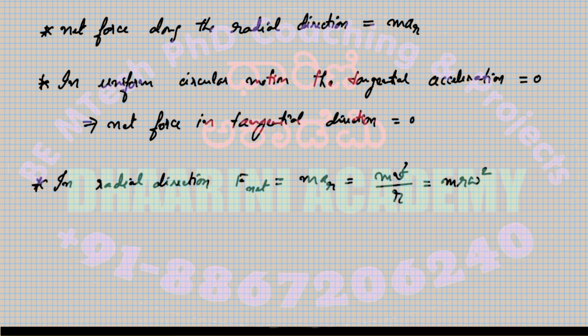All these equations we are very well versed with. Using the same thing, we have also written another form of the equation which can be used to solve problems, that is to find a_r. The radial component of the acceleration is v square by r, which can be written as r into omega square. This equation we have used so far.